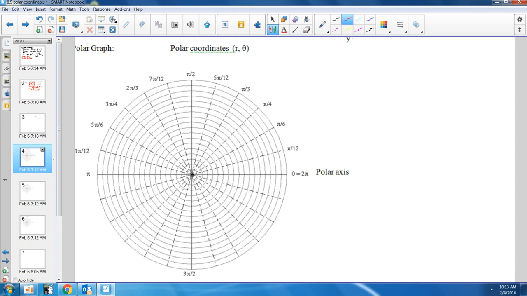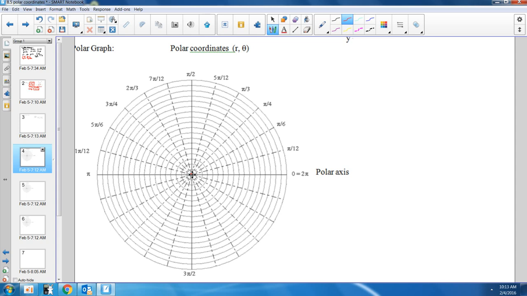The first thing that we want to do is be able to draw a point on the polar graph. This polar graph is the same idea as the polar graph that you have in your packet. Notice a couple things about this. This now is a pole at the middle. It's going around just like the unit circle with your angles.